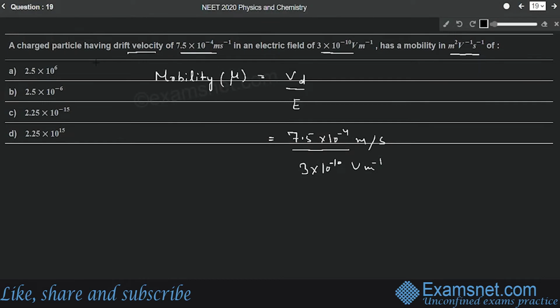On solving this, we'll get 2.5 × 10^6, and the unit will be meter square per volt per second. So out of the given options, option A will be the correct answer.